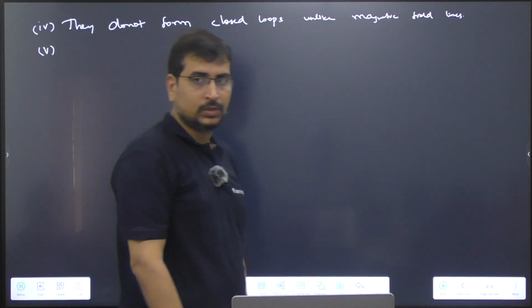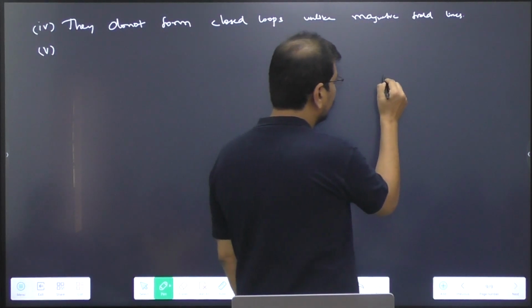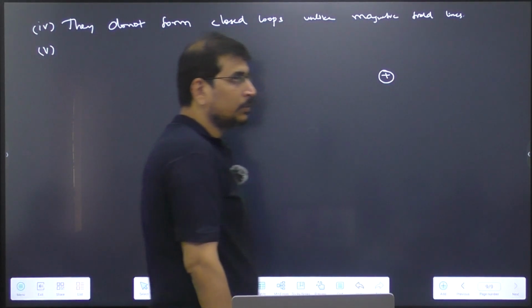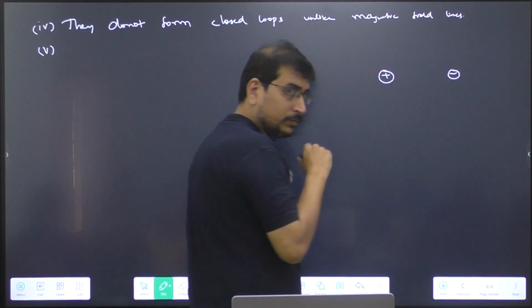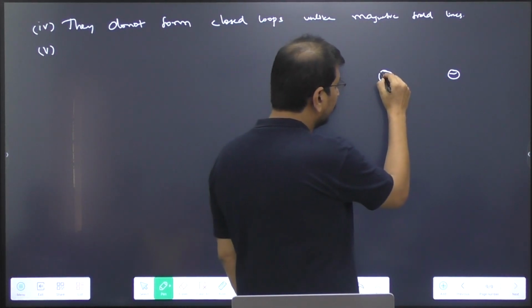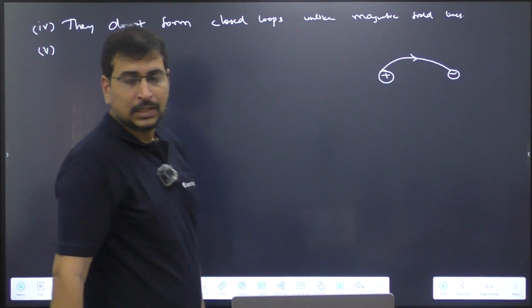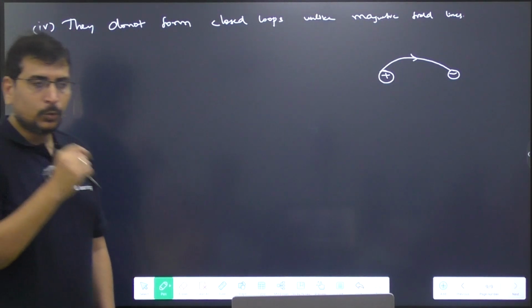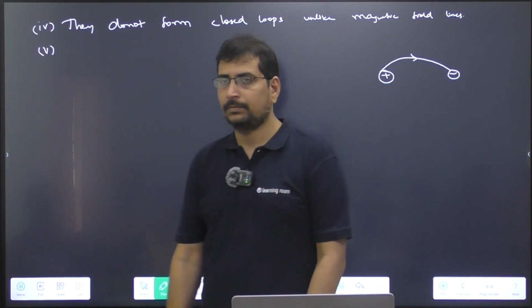Fifth, observe this. Suppose I have a system like this, positive and negative, for us to understand. It starts from the positive and ends with negative. Am I right? Now the question is, if I want to find the direction of electric field at a given point, how do I do that?